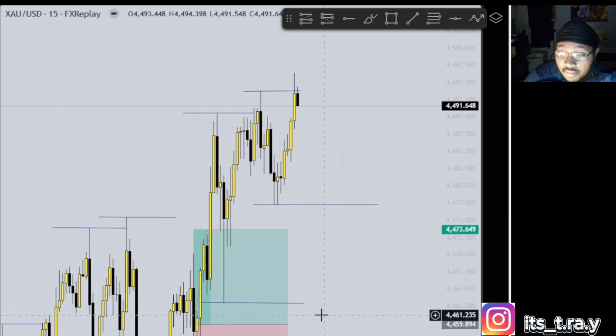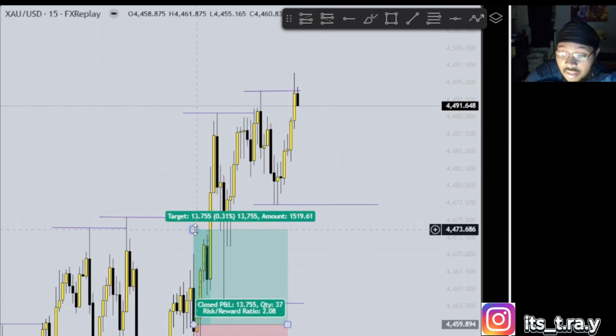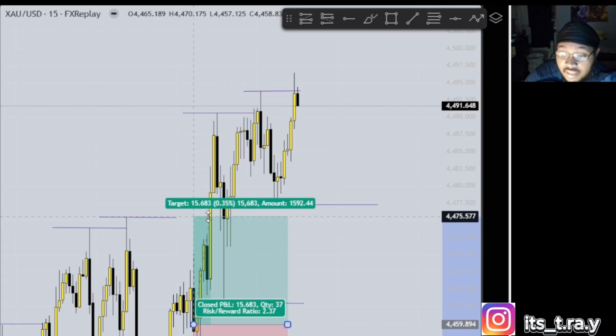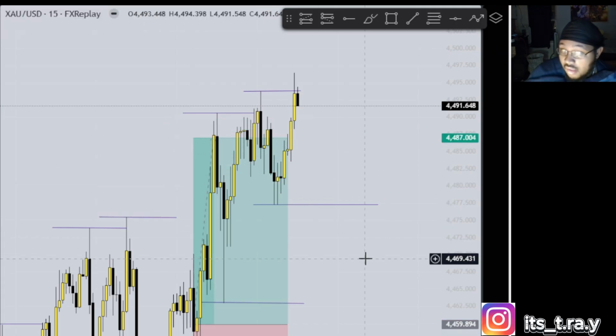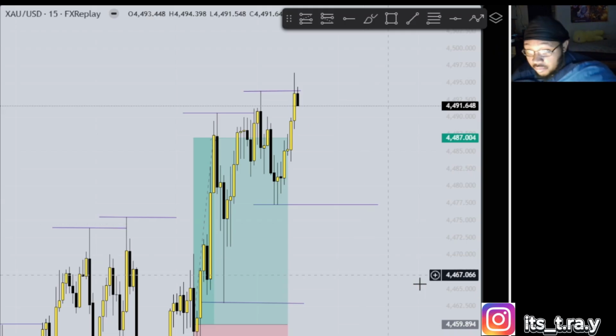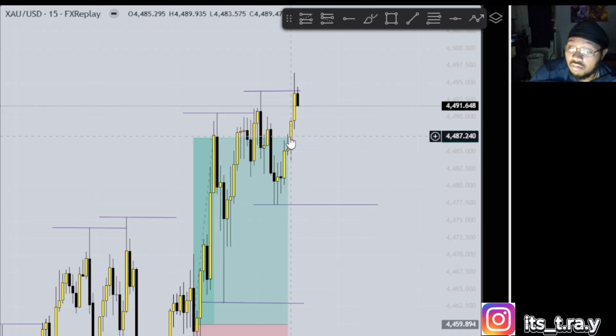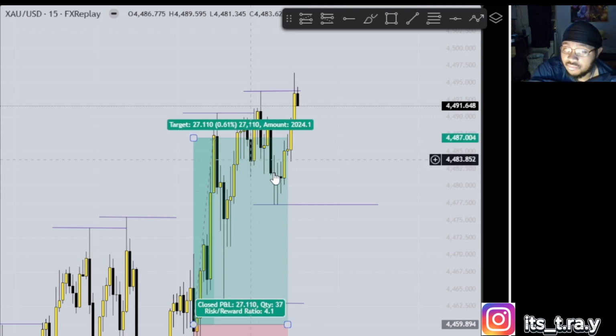I either put it up to here, but then I decided to move it up a little bit more like that. I moved up my take profit. This is what they call TP, which is short for take profit. I don't think that was the best way I could have explained it, but it's so simple.